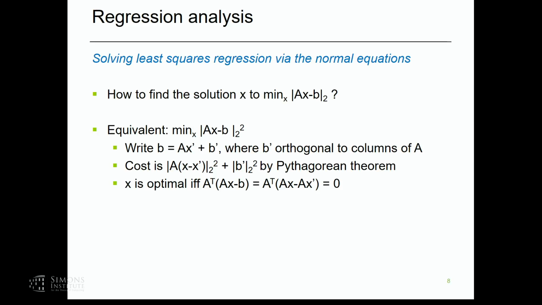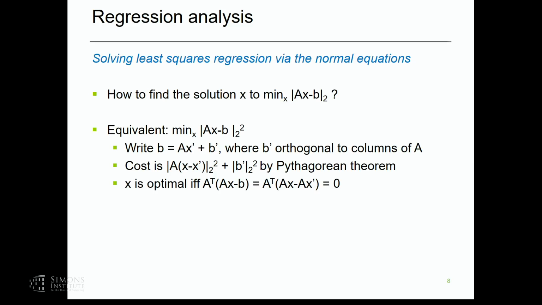Okay, so what this means is, let's look at A transpose times (Ax minus b). I can substitute in the expression that I have for b, and so I'll get A transpose times (Ax minus Ax' minus b'). We know that b' is chosen to be orthogonal to the columns of A, so orthogonal to the rows of A transpose. So this is just equal to A transpose times (Ax minus Ax'). And if we're optimal, then Ax minus Ax' should be 0, and we get 0.